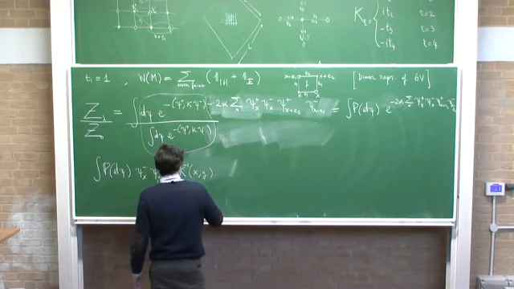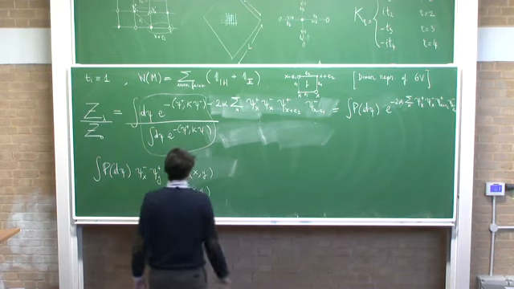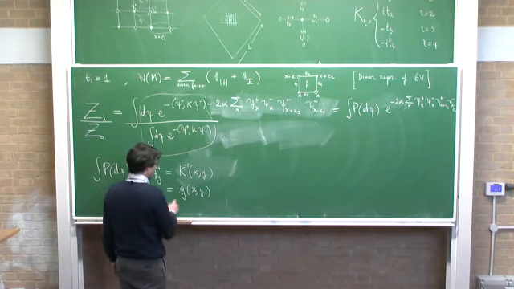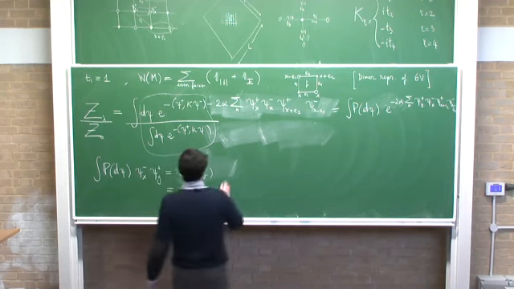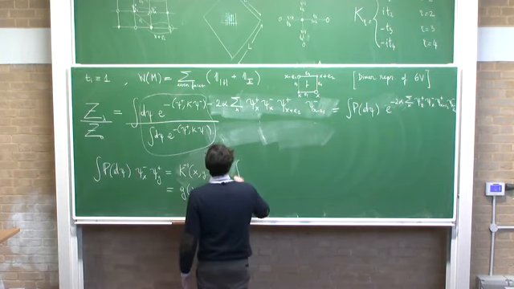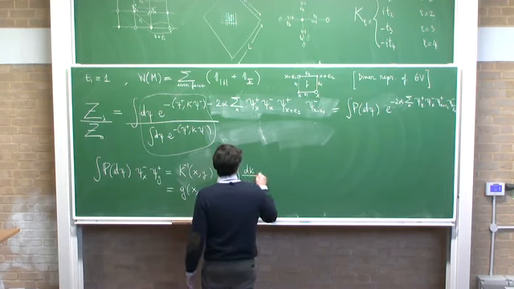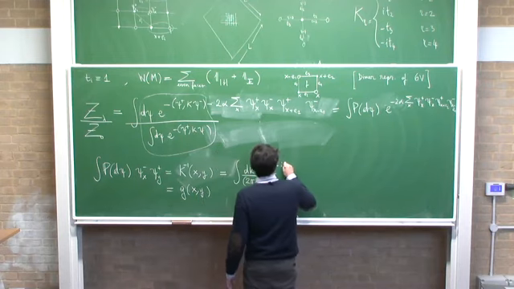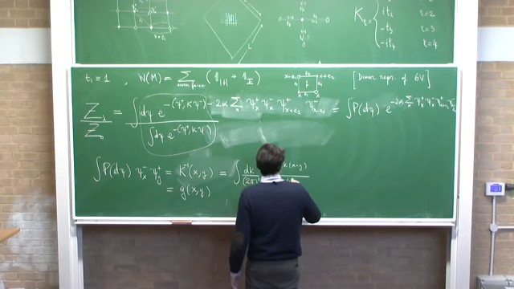Just for the common habit for us at least is to call it G because this is like a Green's function for our problem. And this is explicitly the integral dk over 2 pi squared e to the minus ik x minus y divided by mu of k.